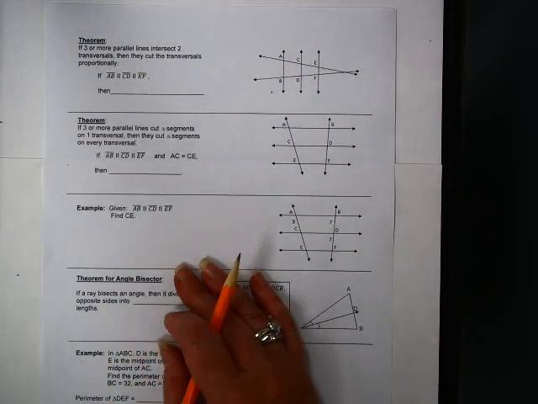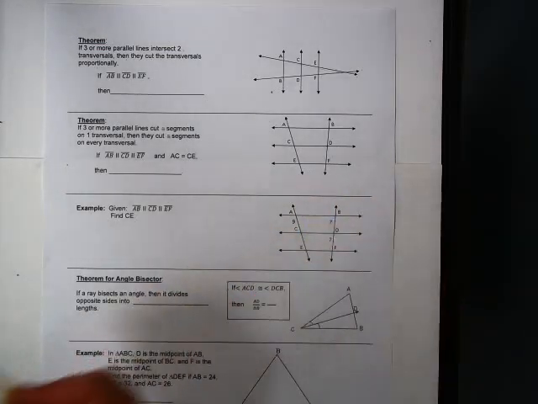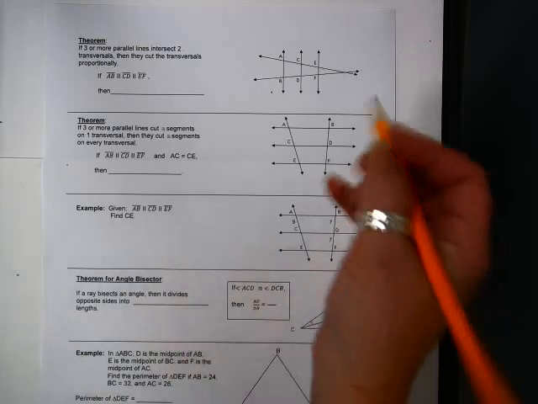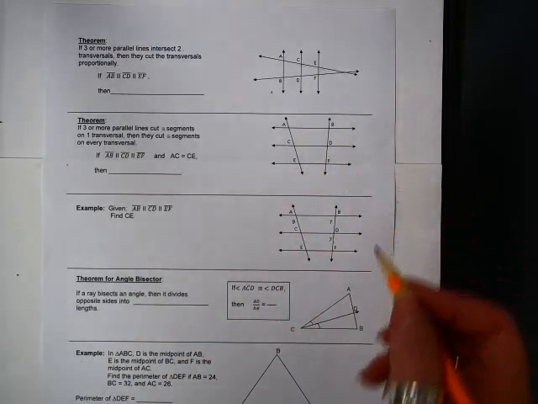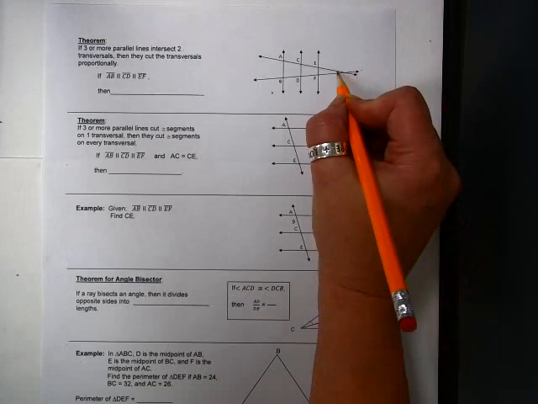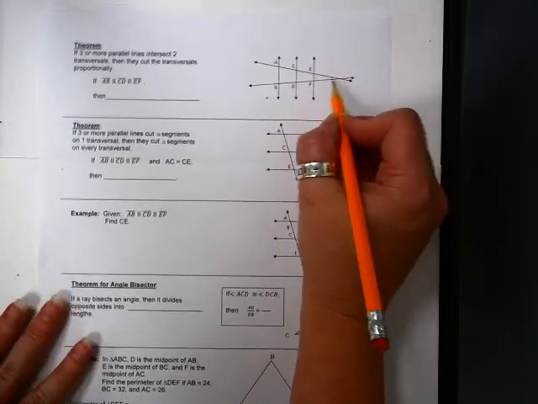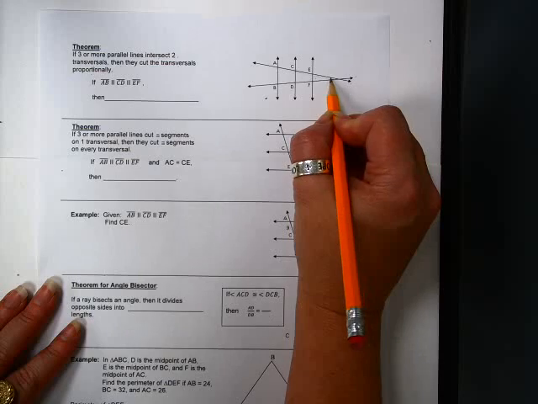Remember, for the triangles to be similar, all you need are two angles that are congruent. You already have one here because the small, the medium, and the large triangle all share this angle up here.